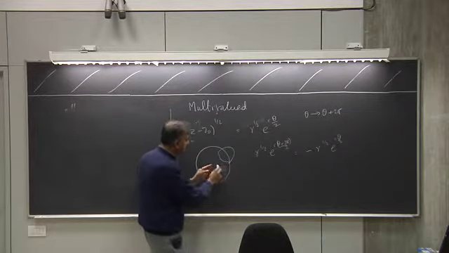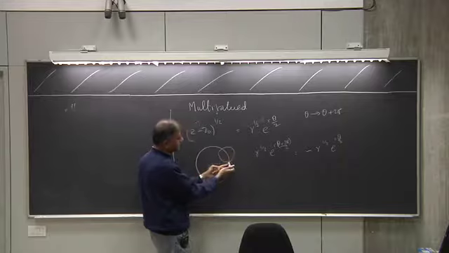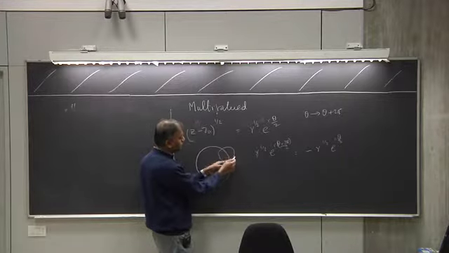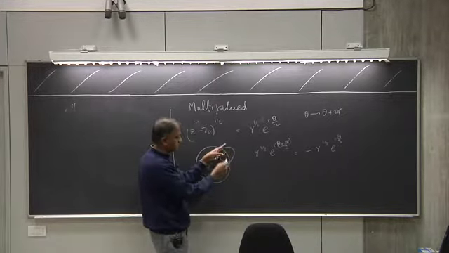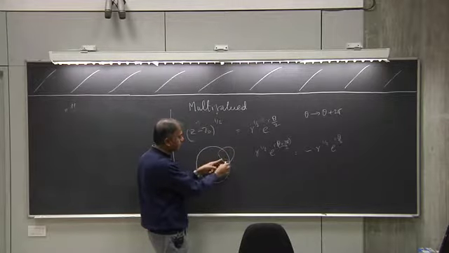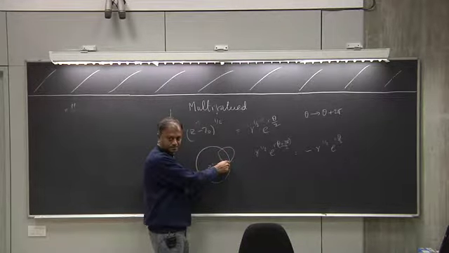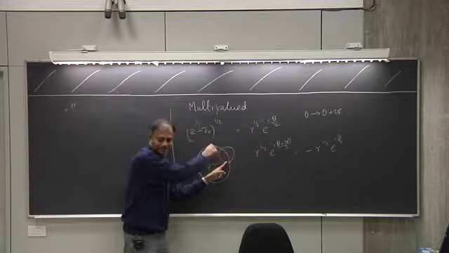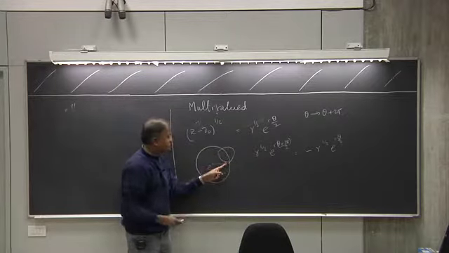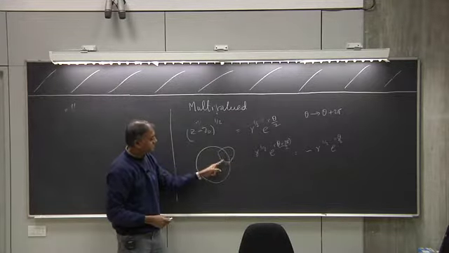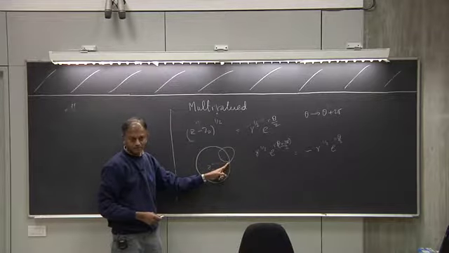Because what's going to happen? Theta starts from some value, as you go around here theta increases to some maximum value, and then as you go around here it comes back to 0 again. It doesn't become 2 pi, you see. So for such a path, it will come back to its original value.